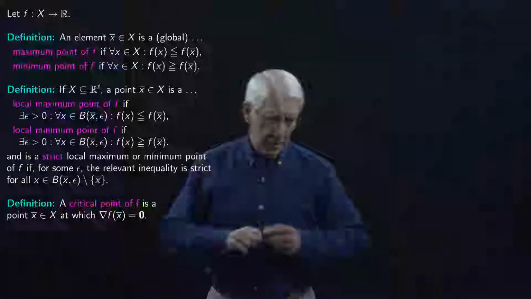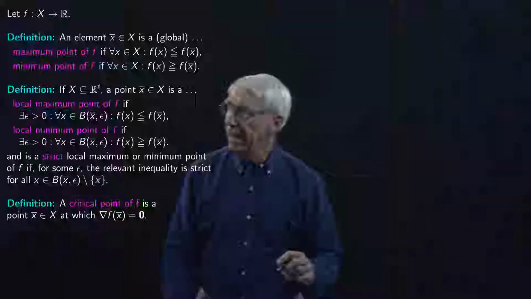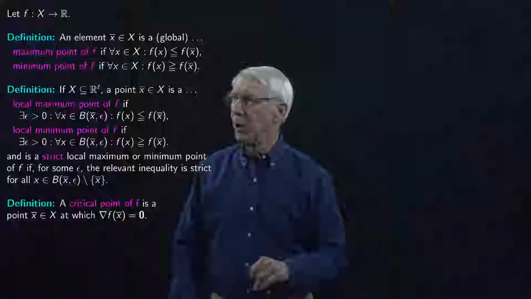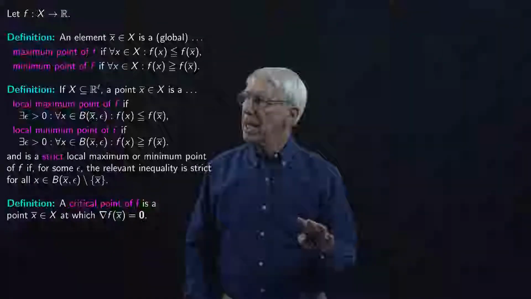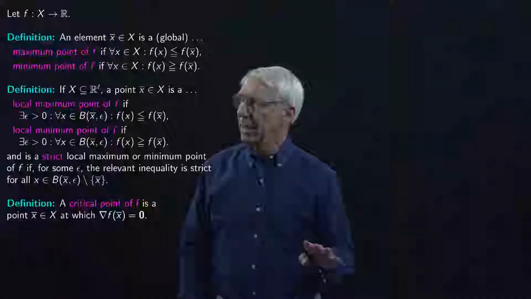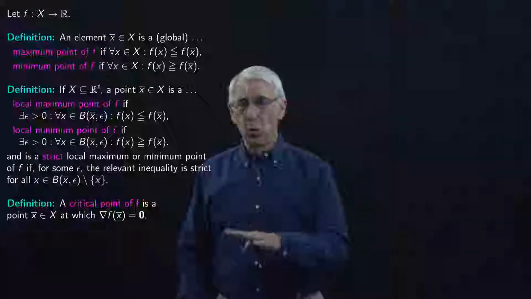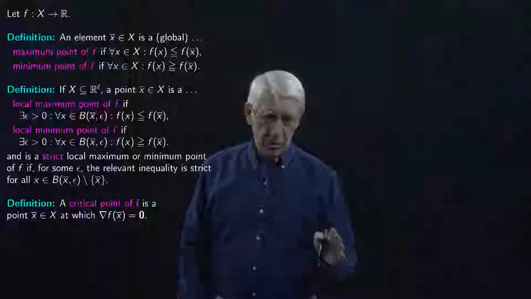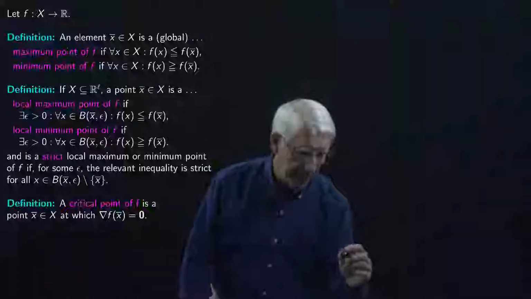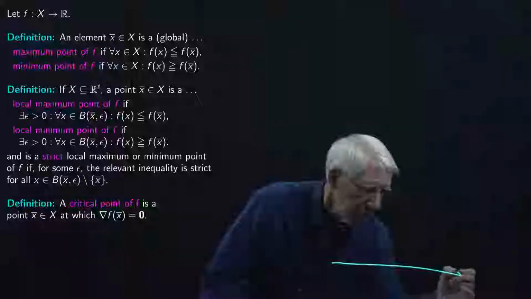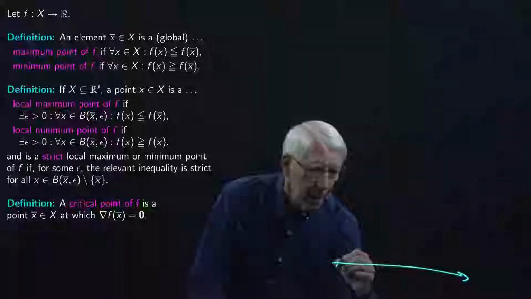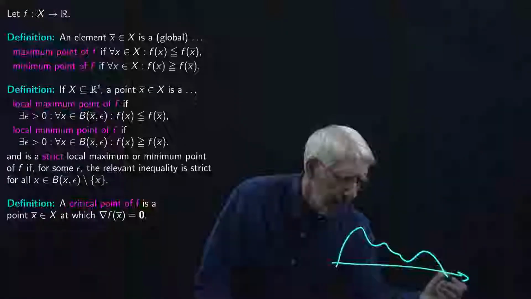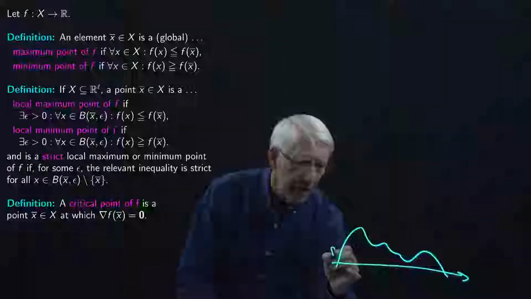So let's put the diagram over here, and in this diagram, the domain is going to be R, so L is 1. Let's just draw an axis on here like this, and let's draw our function like this. And so this is the graph of f.